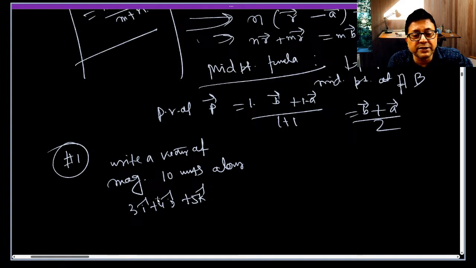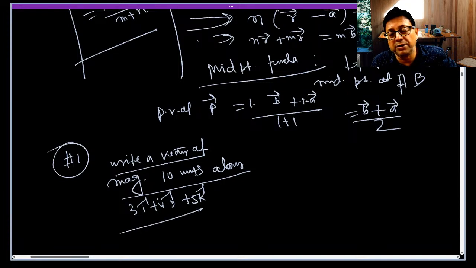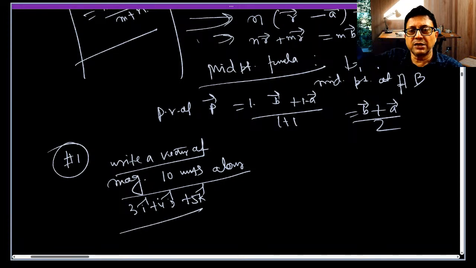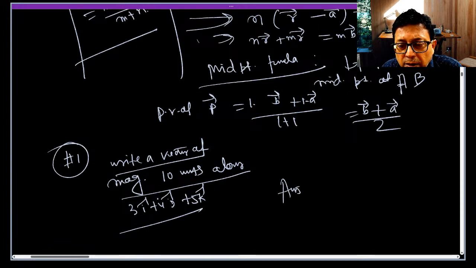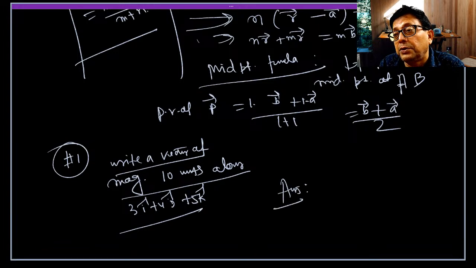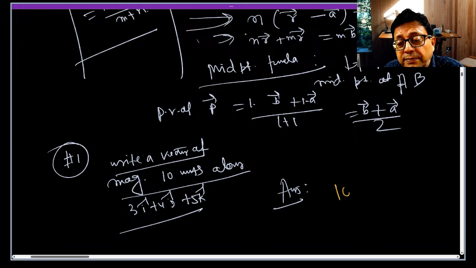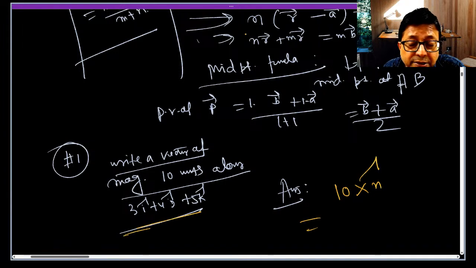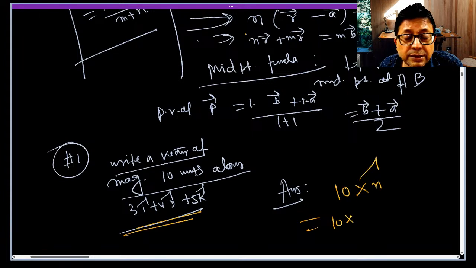You have to write a vector of magnitude 10 units along this. How to write it? The answer will be what? We know how to find unit vector. Then multiply it by 10. Same concept. It will be 10 into n cap. N cap is the unit vector along this. How will I get it?